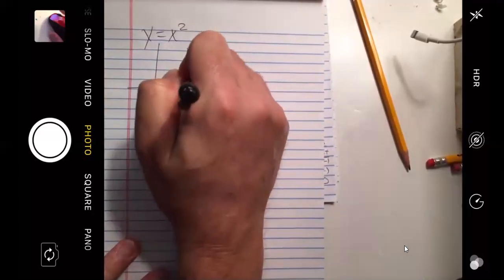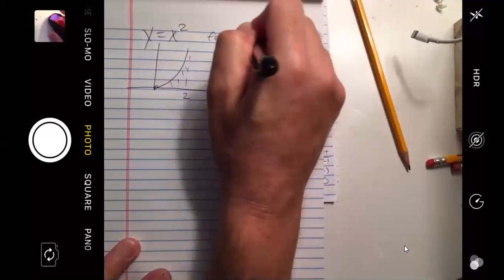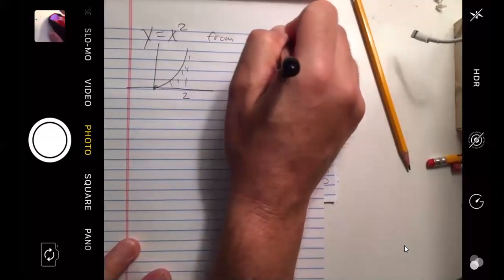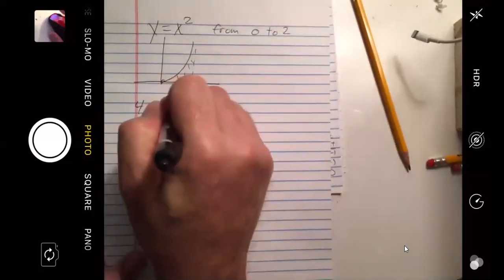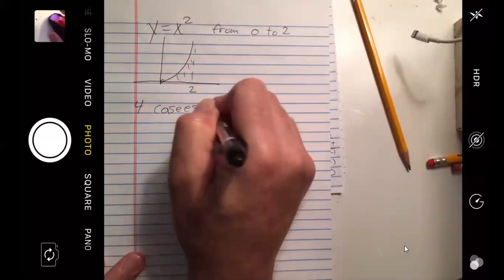And let's run from 0 to 2. And there's really 4 cases of other lines.